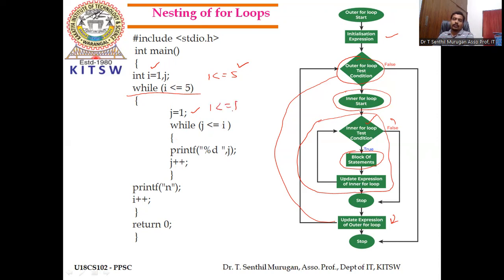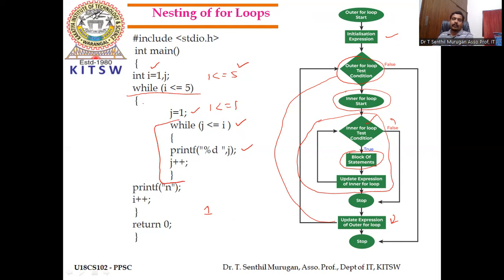What is the i value? 1. So the condition is true. True means it will print the j value. What is the j value? The j value is 1. It will print. The j value will be incremented to 2.